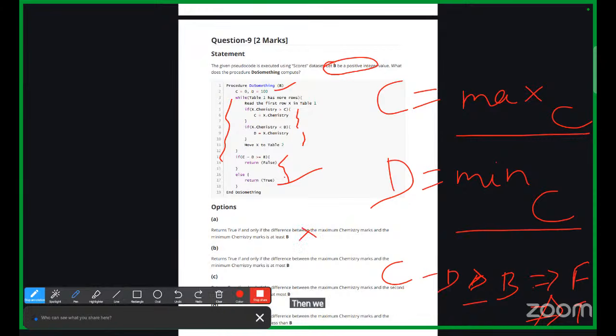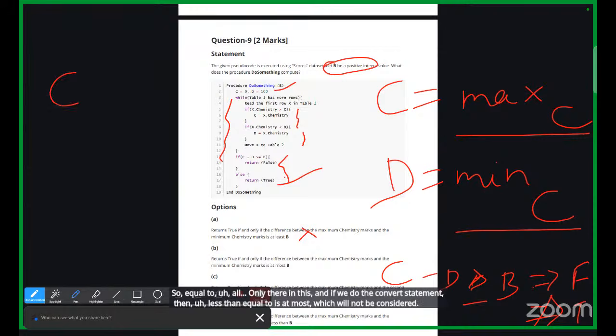Then we have option B: returns true if and only if the difference between the maximum chemistry marks and the minimum chemistry marks is at most B. What about this one? It is also incorrect. Why? In line 13, it is written that C minus D, the difference between max and min of chemistry marks, is greater than or equal to B. So equal to is there, and if we convert the statement, then less than or equal to is at most, which will not be considered.